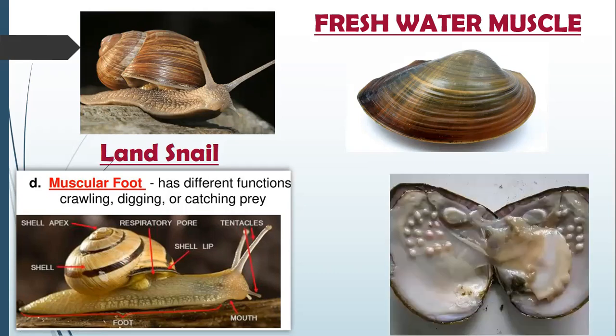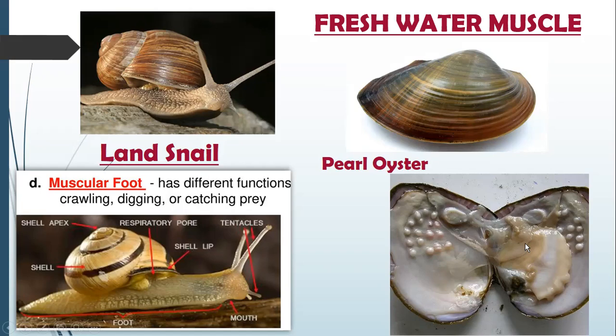Now, this is the internal side of these bivalvia shells. This is a pearl oyster. You can see the pearls forming inside the body, and this is the whole organism, which is a very soft bodied organism. So why does it have such hard protection? Because the body is soft.